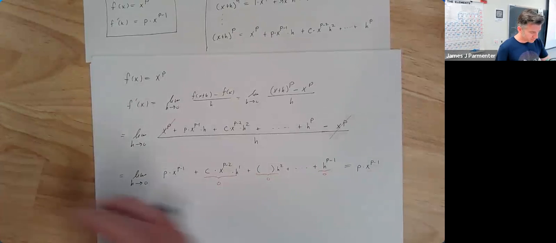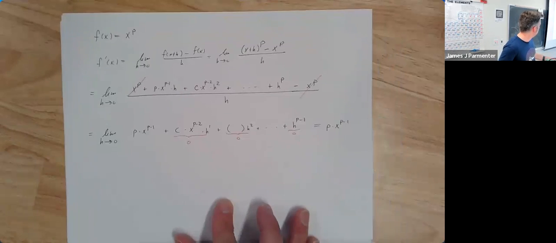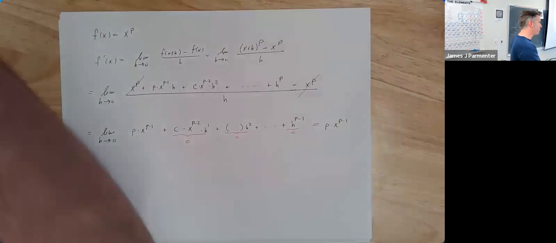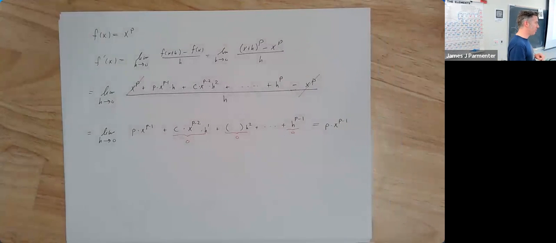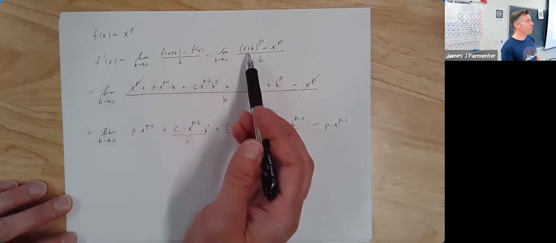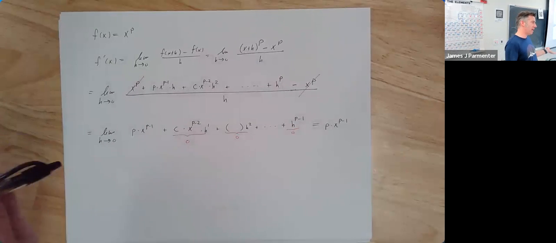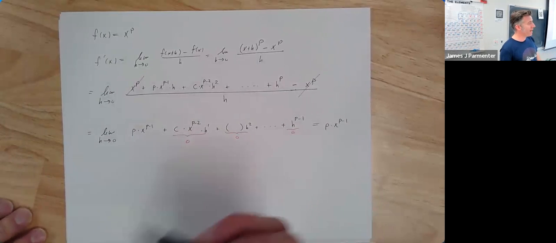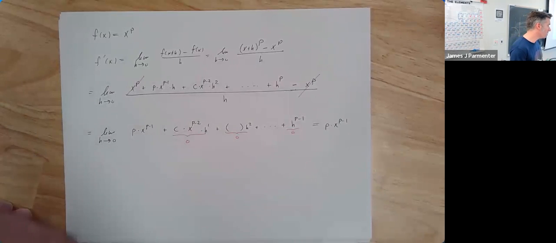Couple notes here. Thing one, the thing we have just done, proving in quotes the power rule. We have proved the power rule technically only for positive integer powers, because this formula for x plus h to the p only actually works if p is a non-negative integer. However, that doesn't take away from the fact that this power rule is true for any real number.